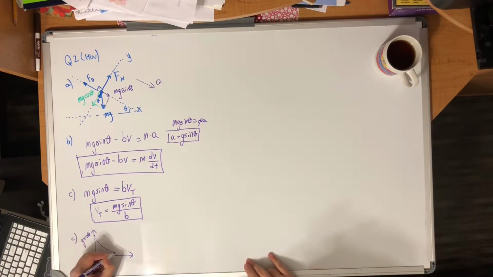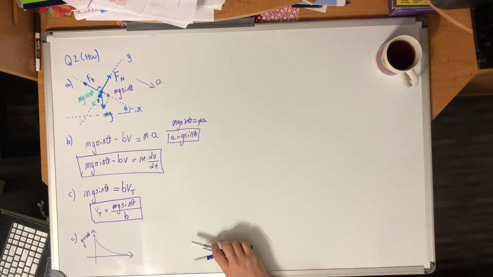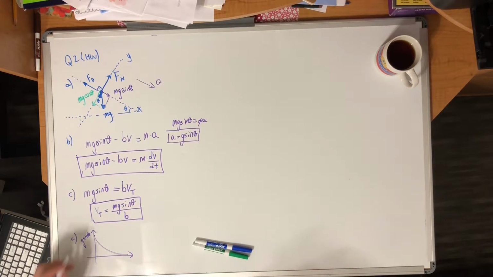So that is going to give you something like this. Alright, so that is basically my acceleration time graph, and that's the last part.